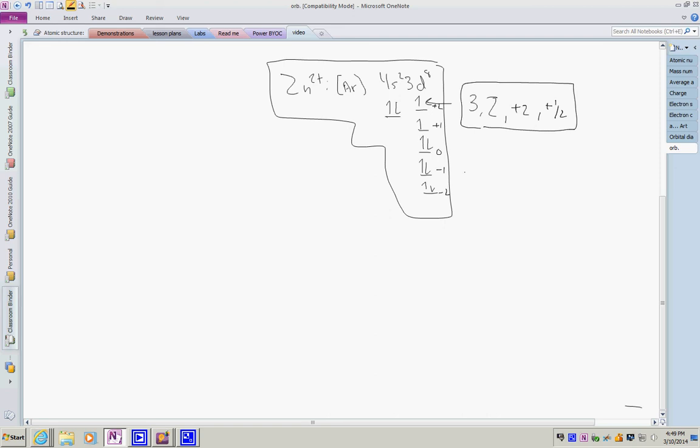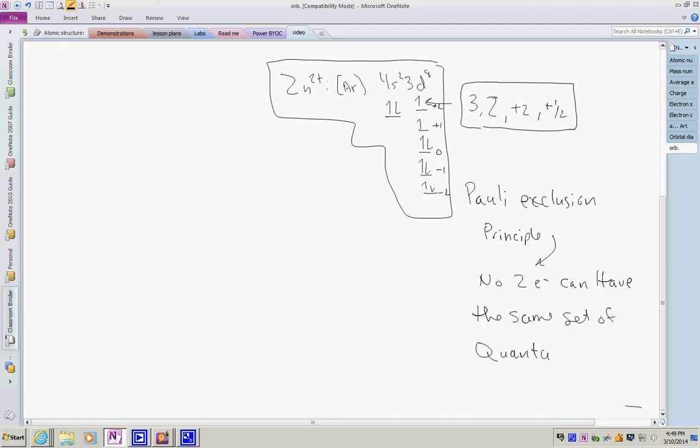And finally, we have a thing called the Pauli exclusion principle. It says that no 2 electrons can have the same set of quantum numbers.